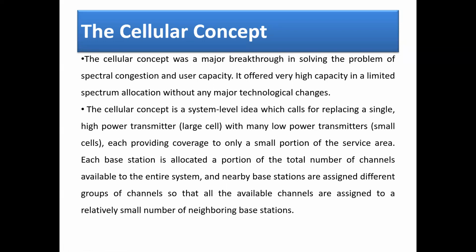Now, the idea is that we are going to use the same equipment, the same towers, but we are going to limit the power to a local area. This local area will be called a cell. So the power will be transmitted to the boundary of the cell, and the coverage will not exceed the boundary of the cell.